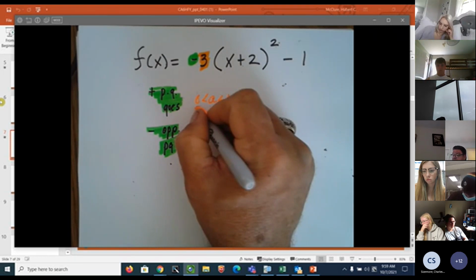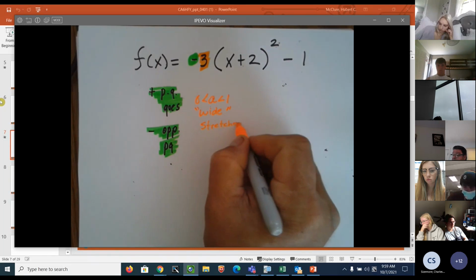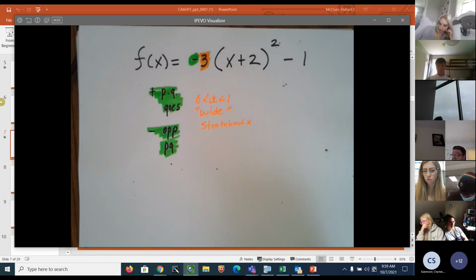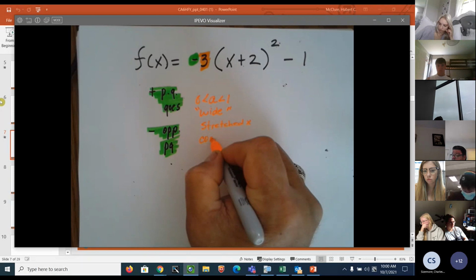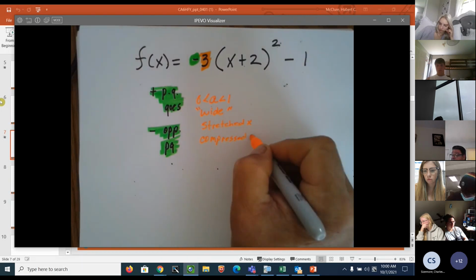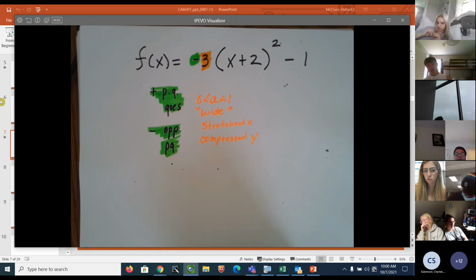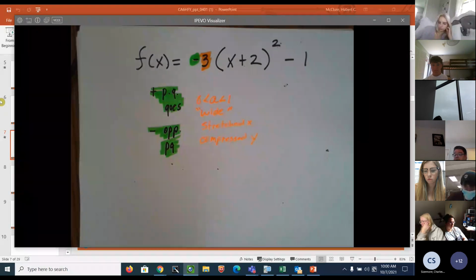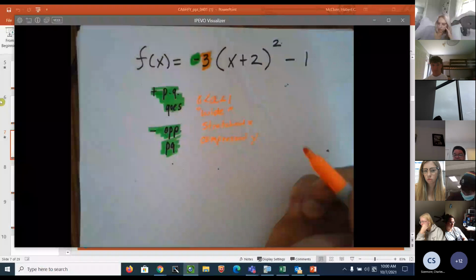That means it is stretched along the x-axis and compressed along the y-axis. Think of a balloon and pushing down like this with the y-axis and stretching the balloon along the x-axis. It makes the balloon wide.